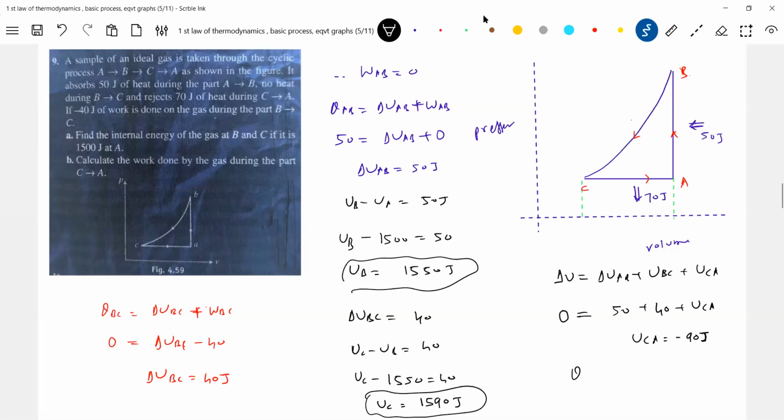It's asking to calculate work done by the gas. So let's go for QCA equal to delta UCA plus WCA. Calculate the work done by gas during the part CA. How much of it is rejected during? I think I'll make it plus 40. So there's some error here.